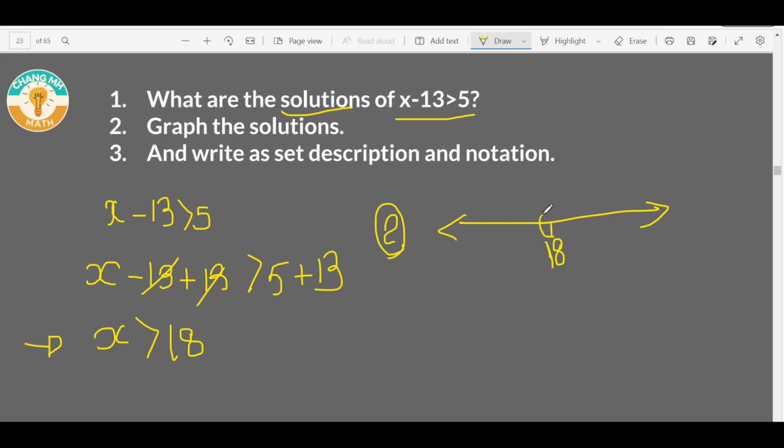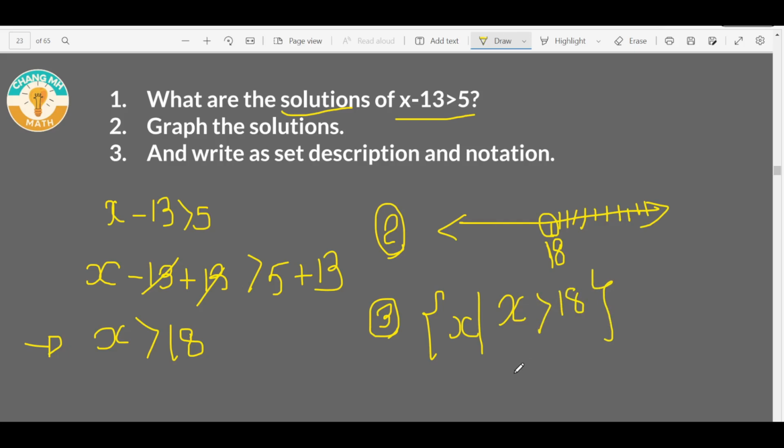So you have to put a circle at 18 and the values of x exist on the right side, because on the right will come 19, 20, 21, 22, all the numbers greater than 18, right? But we don't need to shade this circle because there is no equal sign. Alright, so what is the set description? The set of x such that, just put the solution into the set. Here, x greater than 18, that's it.